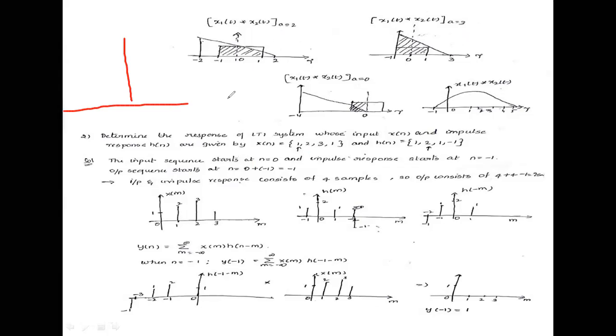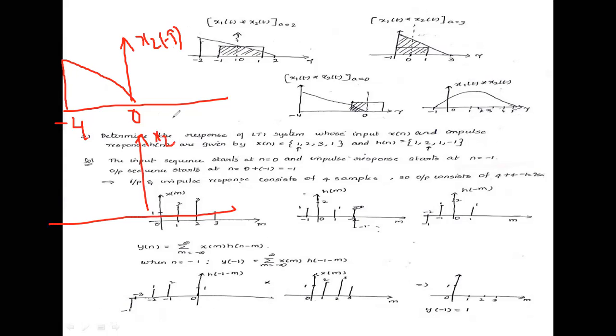If this is a function for t equal to 0, minus 4 for x2 of minus tau, and now I am taking x2 of t. If I am taking 1 minus tau, what is the 1 we can add here? The -3 becomes -3. So it starts from -3 and ends at -1. Here the -1, so 0.